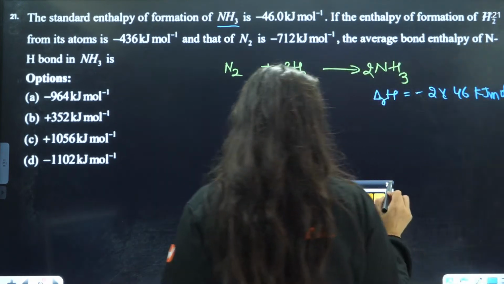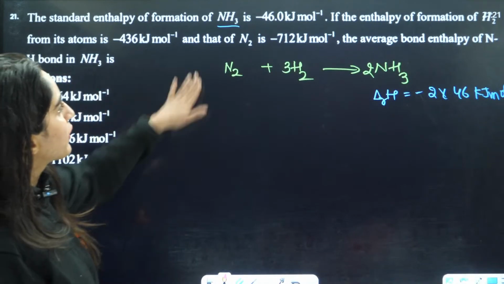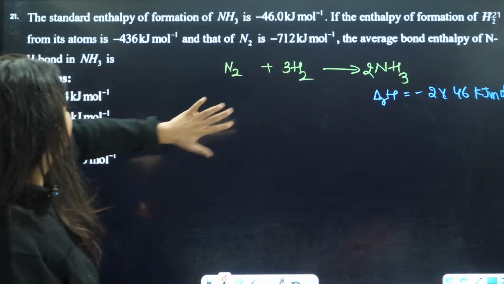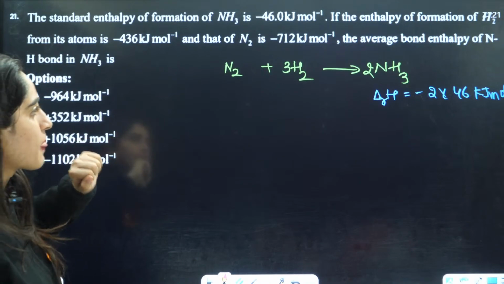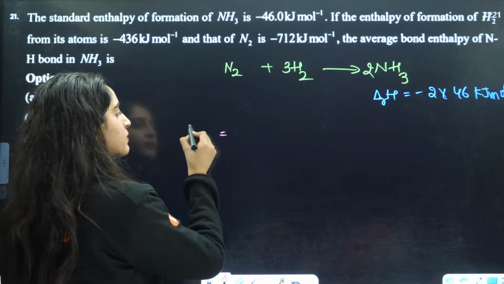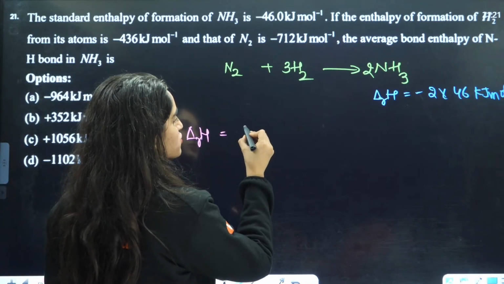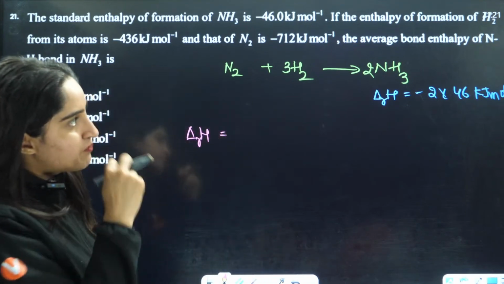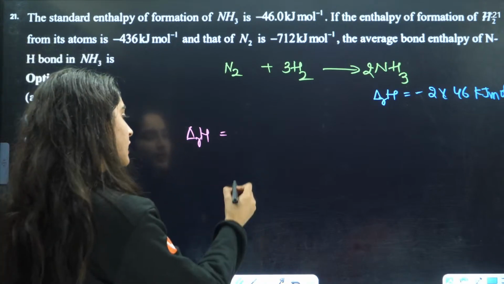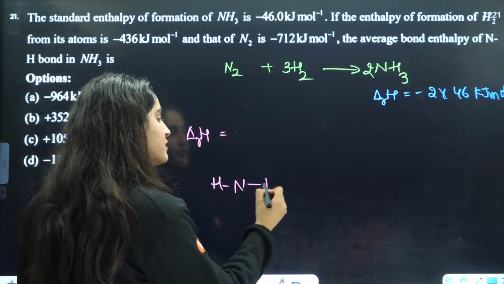Now, after that, the enthalpy of formation of H2 from its atoms. Delta H of reaction is equal to product minus reactant. How many NH bonds are there? In one molecule, you have 3 NH bonds.